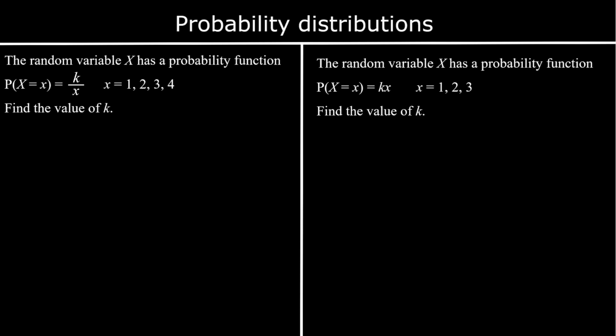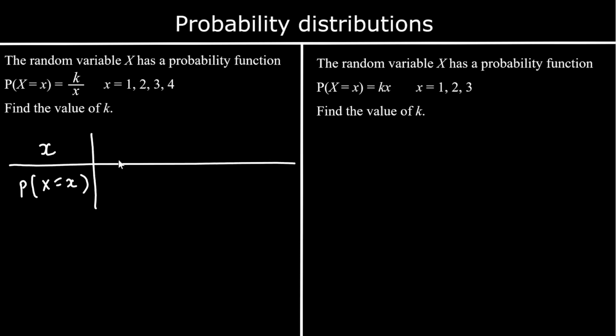Here's another question. The random variable x has a probability function. So the probability that x equals x is k over x, and x can take the values 1, 2, 3, and 4. I'm going to draw my distribution. So I'm going to have x, and the probability that x takes the value x, we're going to have 1, 2, 3, and 4.